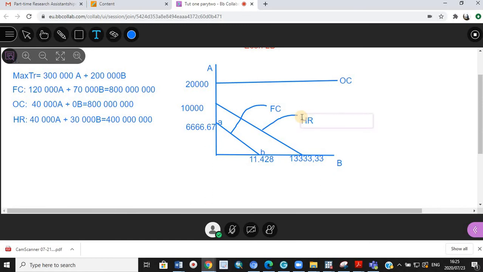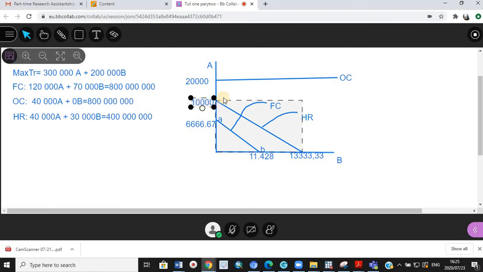Very good. So these are basically our feasible lines. Okay, if I can just do this and do this. This is point A. This is point A. This is B. All right. Very good. So let's move on.